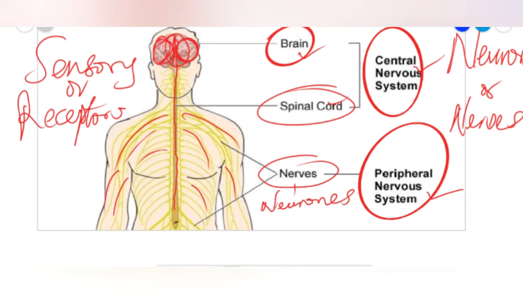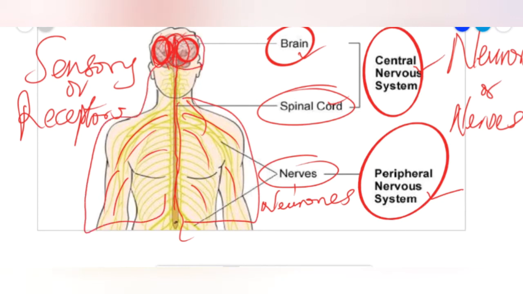The left one controls the right part of the body, which means that this side controls this part of the body, while this one controls this part of the body. That's how it works.